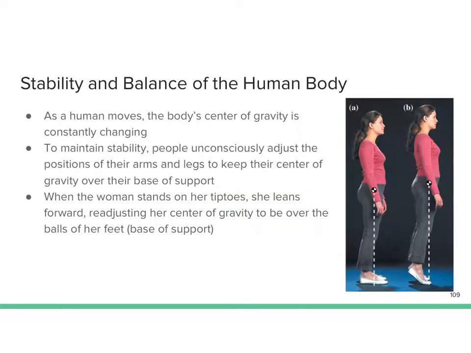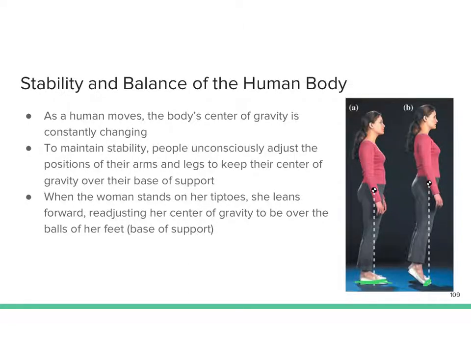For example, you can go on your tippy toes, but you automatically end up leaning forward. You can test that yourself: stand with the front of your feet against the wall, so the toes are against the wall. And when you bob up, you won't be able to maintain it because you have to move all of your mass over your pivot point. Your feet actually provide a wide base of support.